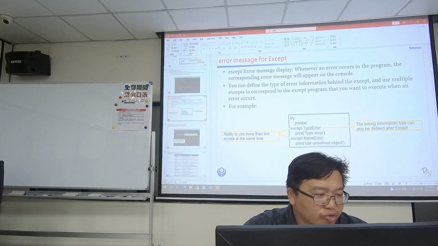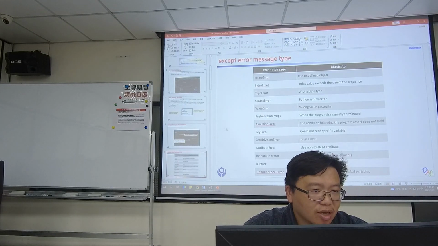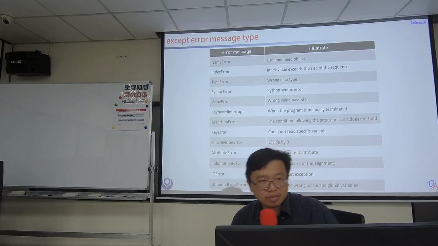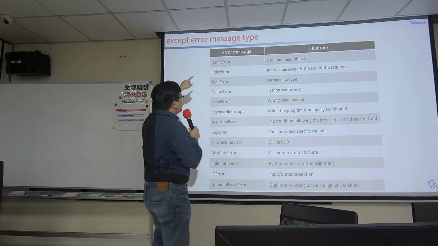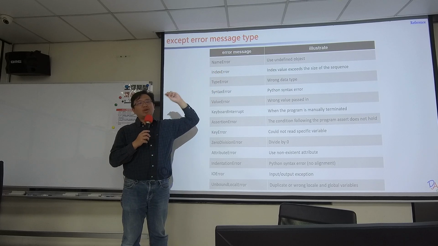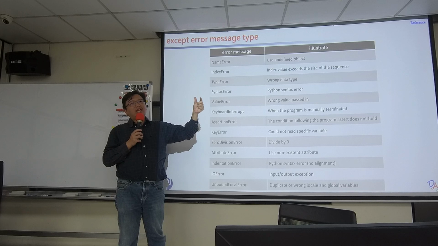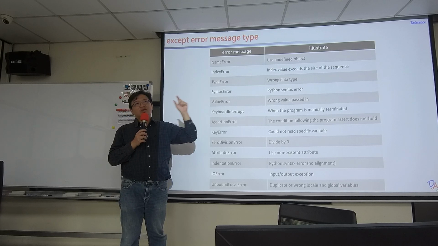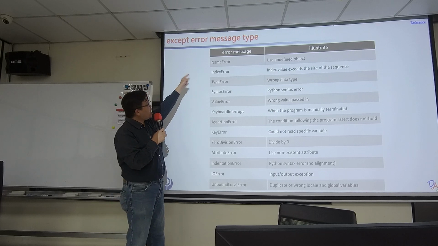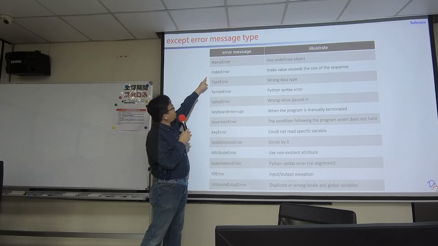Now let me show you what the possible error types are. Over here there's a list. So name error. Name error is for whenever you specify a variable but that was not defined, so the name of the variable was incorrect. Index error.